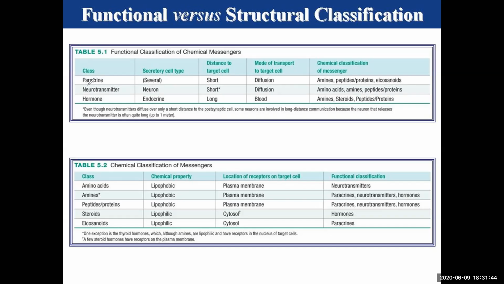Over here, it defines for you paracrine means short distance. Neurotransmitter is also short distance. Hormones, long distance. Blood here means they are released into the vascular bed.